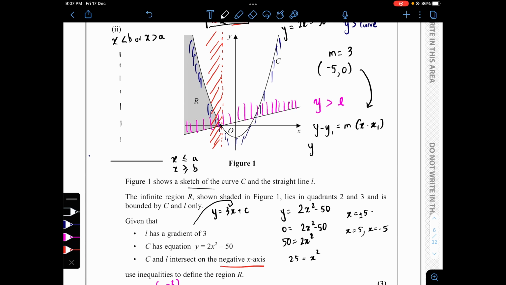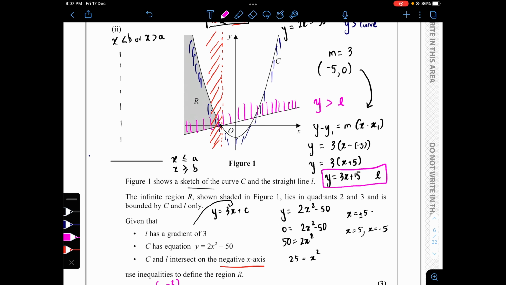So y minus 0, which is just y, equals 3 times x minus negative 5. So this will be y equals 3 times x plus 5, which is y equals 3x plus 15. So we now know what L is. This is our L.